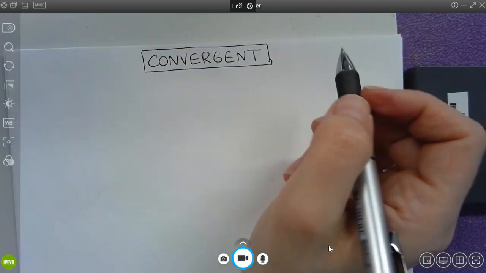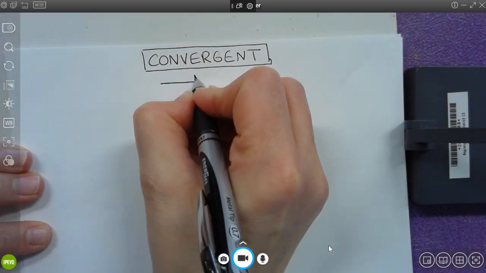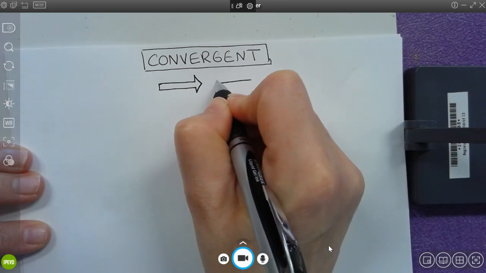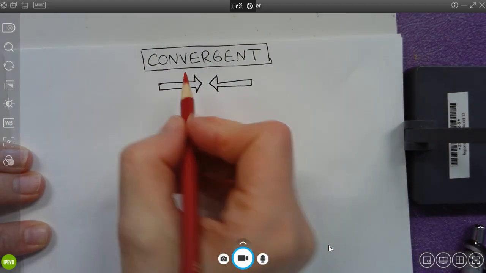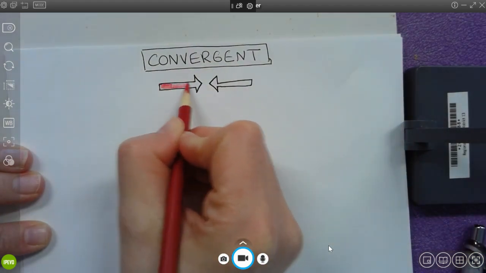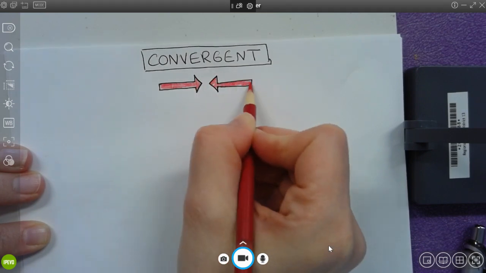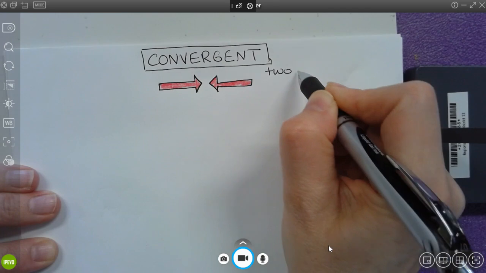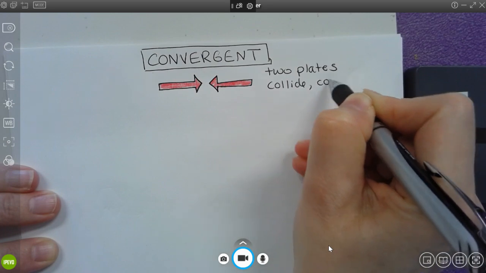For my convergent boundary, I want to draw my arrows to indicate that the plates are moving together. So here's my arrow going this way, and I'll do basically the same thing over here, just facing each other. So here's plates moving together. So two plates collide or come together.